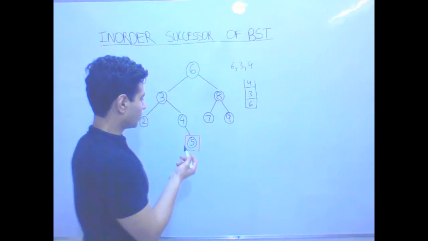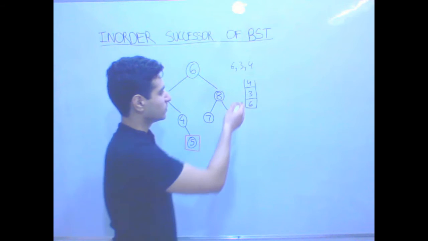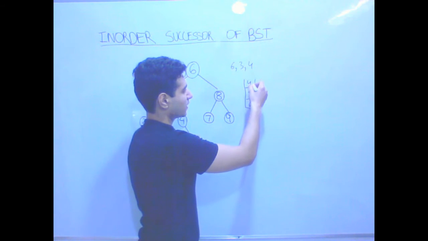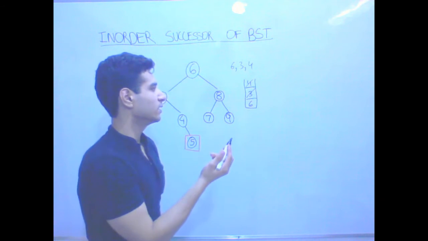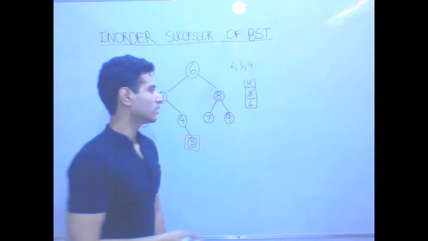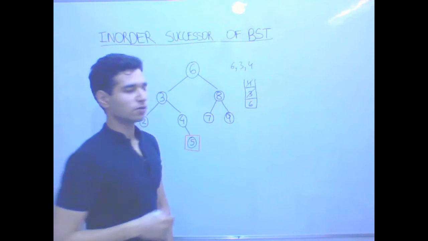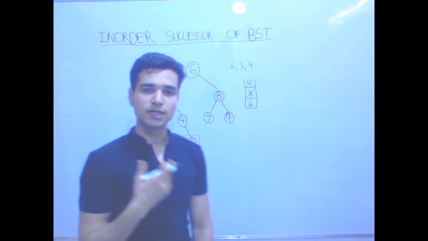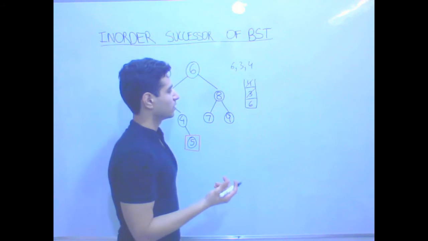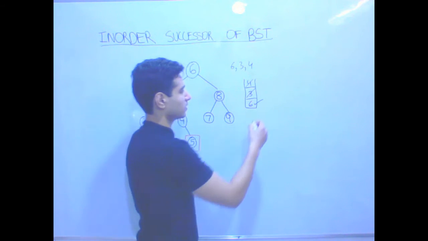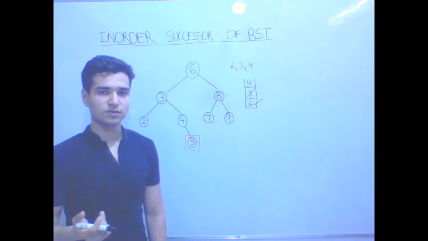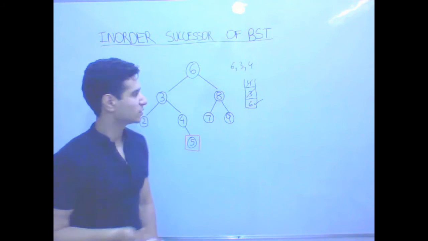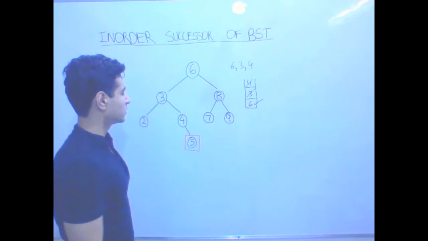Then as we have found 5, we can just pop these elements while 5 is greater than them. 5 is greater than 4 and 3. 5 is not greater than 6, so 6 must be our in order successor because it is the next greater element after 5.